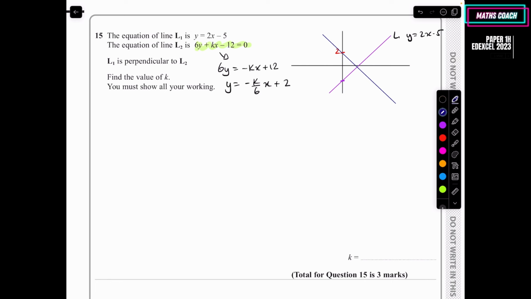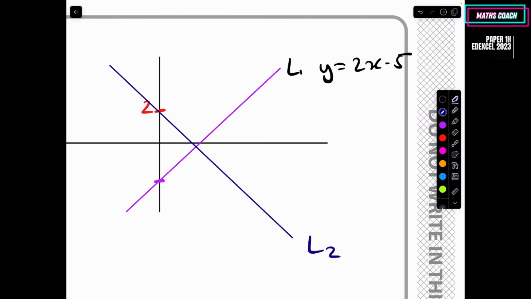What do we know about gradients of two lines which are perpendicular? This is L2. We know that m1, the gradient of one of them, times m2, the gradient of the other one that's perpendicular to it, has to equal -1. So why don't we go and find the gradient of each line? The gradient of L1, let's call it m1, is 2.